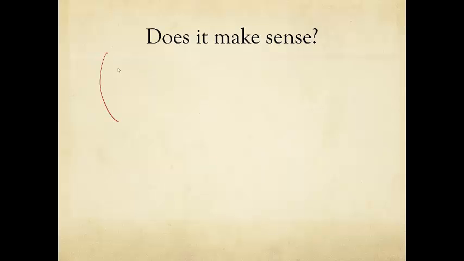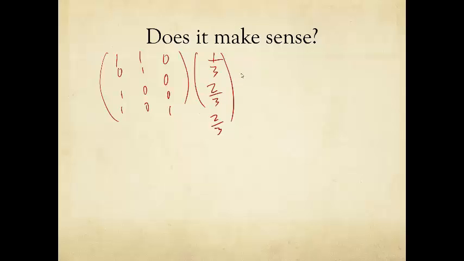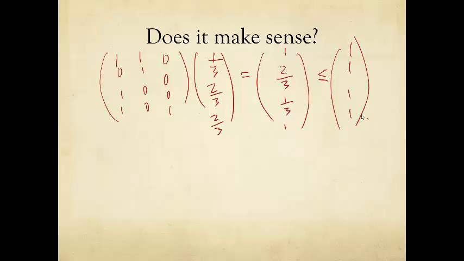Indeed, you can see the routing matrix multiplying this answer of 1/3, 2/3, 2/3 equals 1, 1, then 2/3, 1, which is indeed less than or equal to 1, 1, 1, 1, the capacity of 1 megabit per second for every link. So it is feasible, and you can check its efficiency and its proportional fairness.